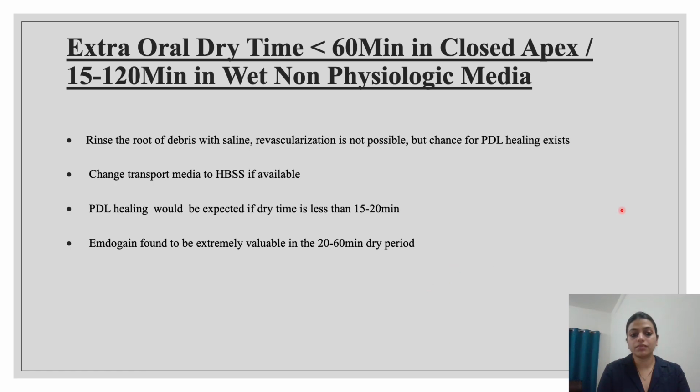Revascularization might not be possible, it's usually not possible, but there are chances that the periodontal ligament will heal. We have to immediately change the non-physiologic media into a physiologic one, that is Hank's balanced salt solution.